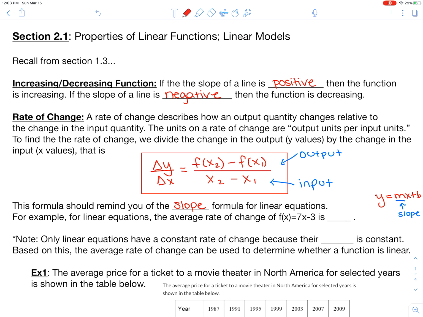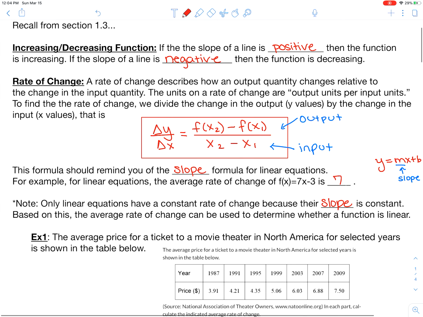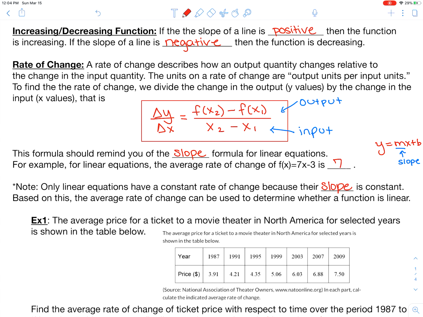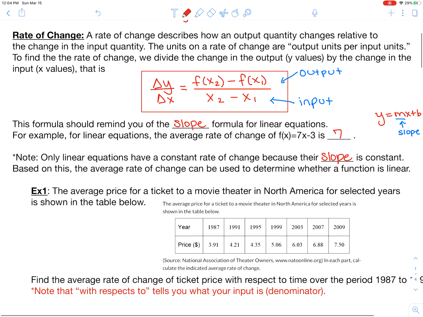Therefore, the slope of this function is 7, and hence 7 is the rate of change. Only linear equations have a constant rate of change because their slope is constant. Based on this, the average rate of change can be used to determine whether a function is linear. So if your rate of change is constant, then you have a linear function.